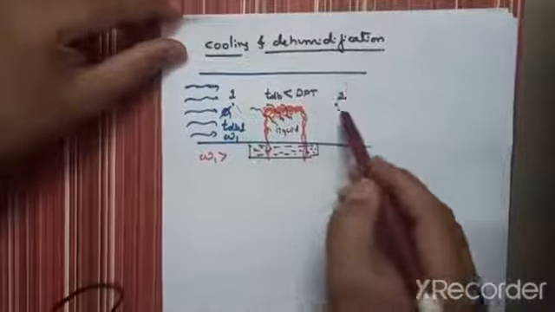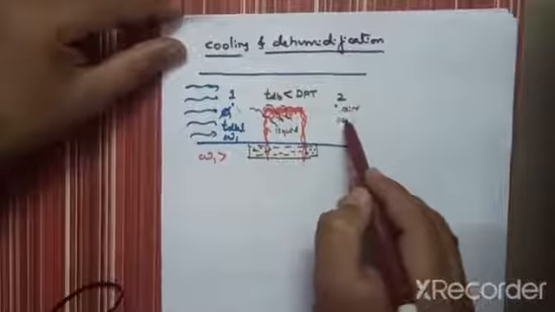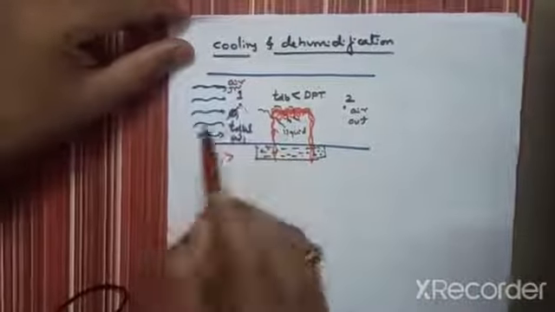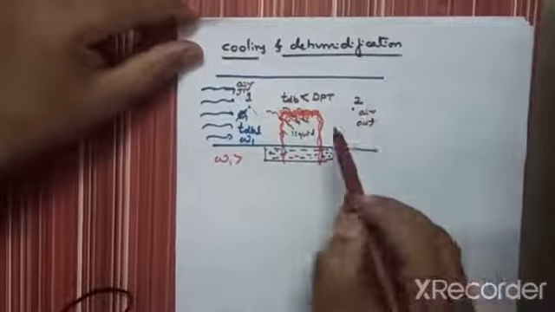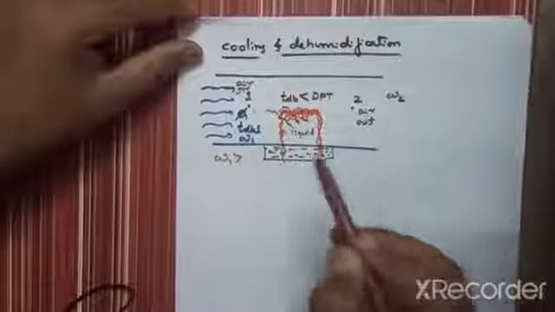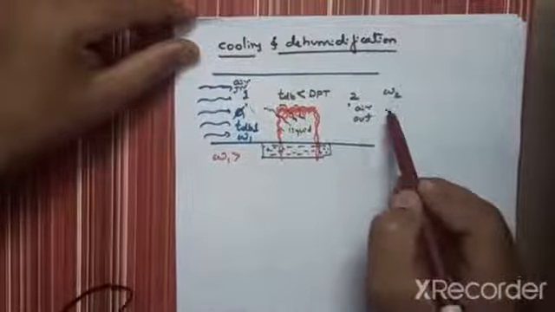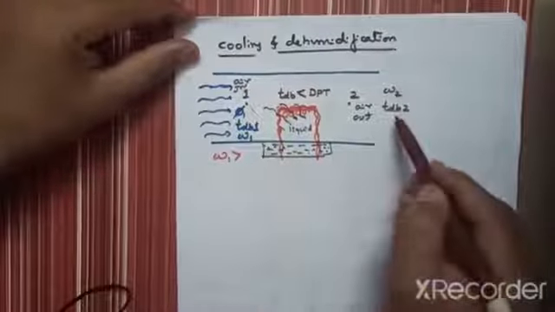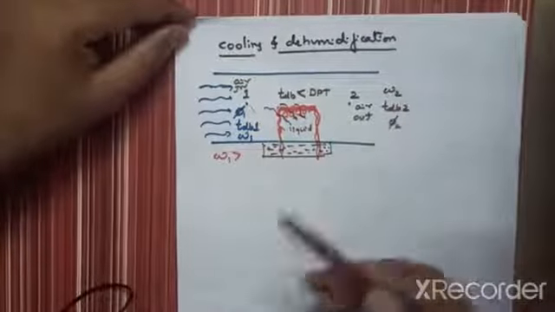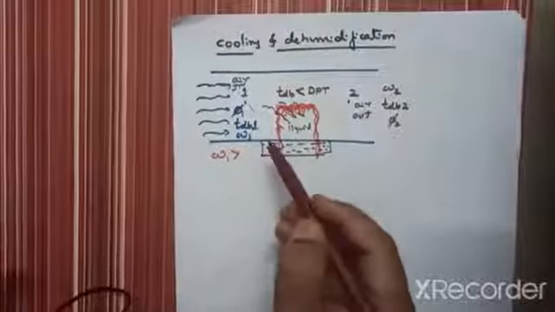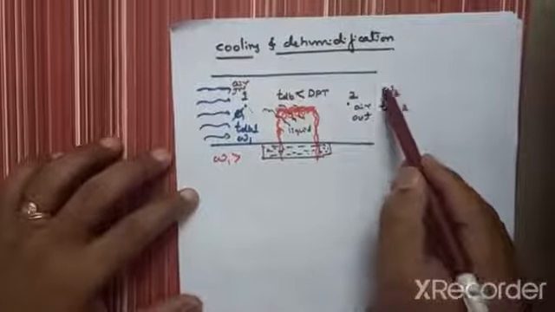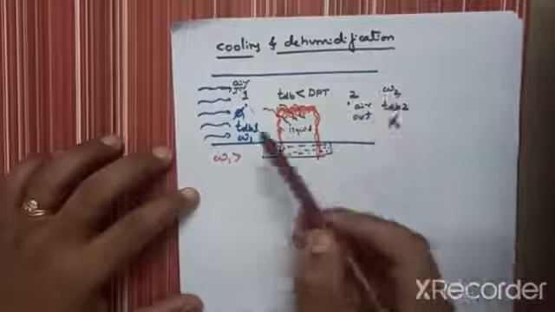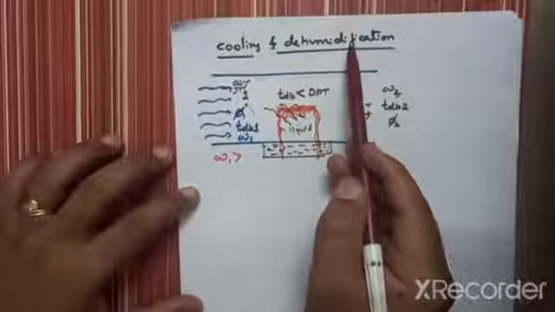So at point number 2, it is air out, here is air in. Point number 1 is in, point number 2 out. So here omega 2 is the moisture content, and the temperature is the dry bulb temperature at point number 2, and the relative humidity is phi 2. Now, the omega value, that is moisture content at point number 2, will be less than at point number 1 because dehumidification has happened.